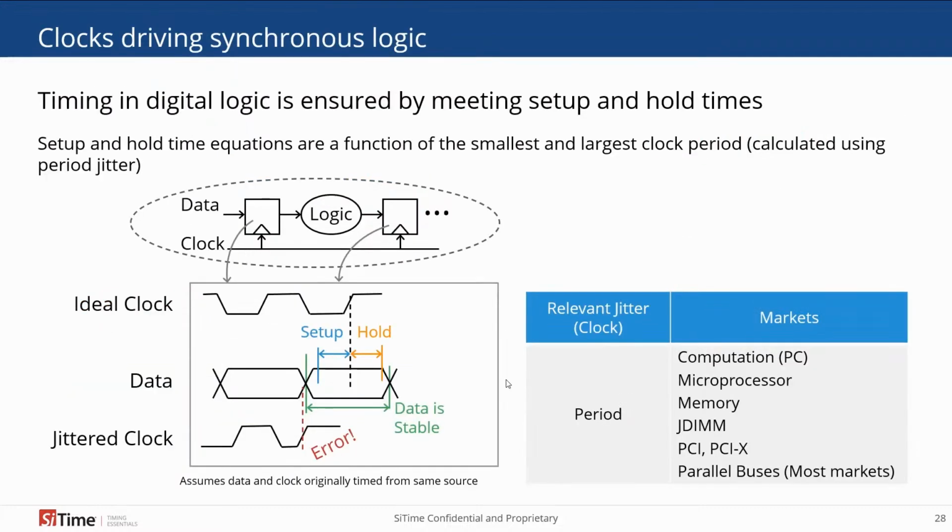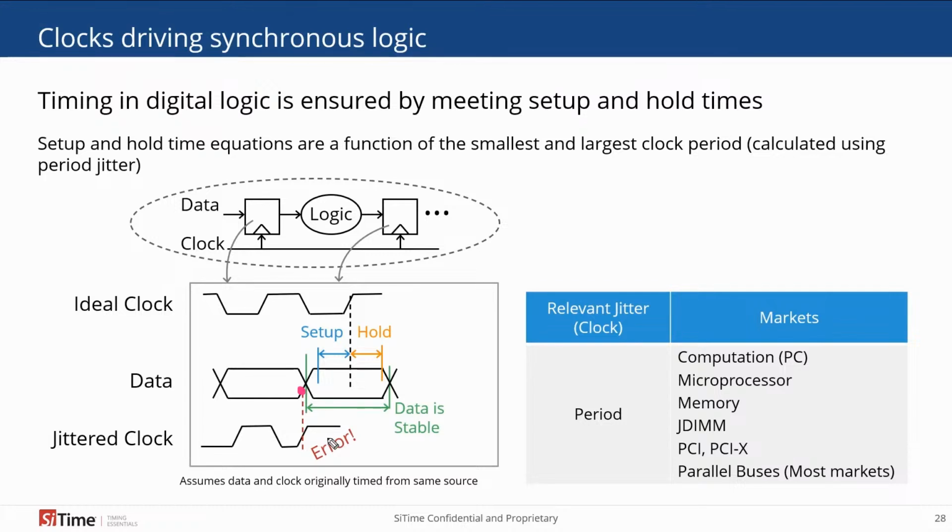The next application is synchronous logic. Synchronous logic timing is dictated by setup and hold time equations, because what you don't want is a jittery clock to come around and sample the data signal before it's settled into the correct value. So in this example shown here, the data is sampled a little bit too soon and ends up with the wrong value.